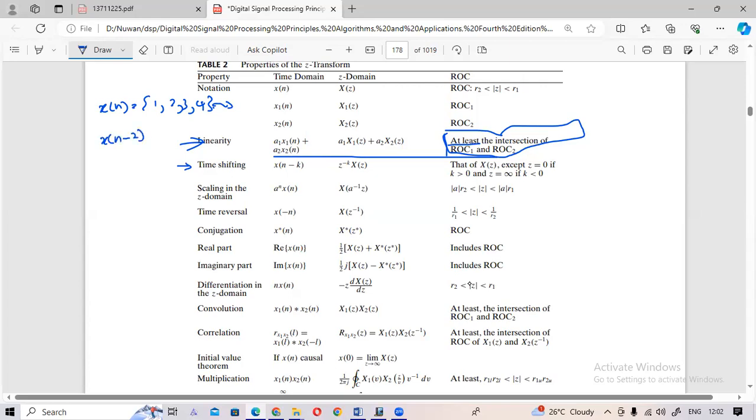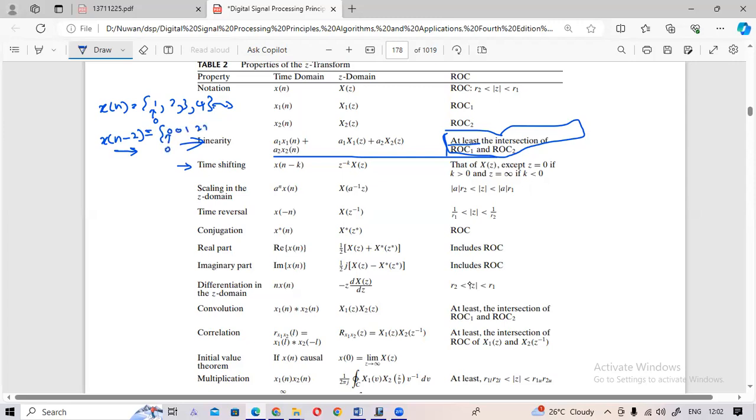This will be the time shifted signal. Minus 2 means it is shifting to the delay side, the plus side, this side. It is a time delay. So if this one is the zeroth sample here, now the two samples are there, and this will be the zeroth sample.